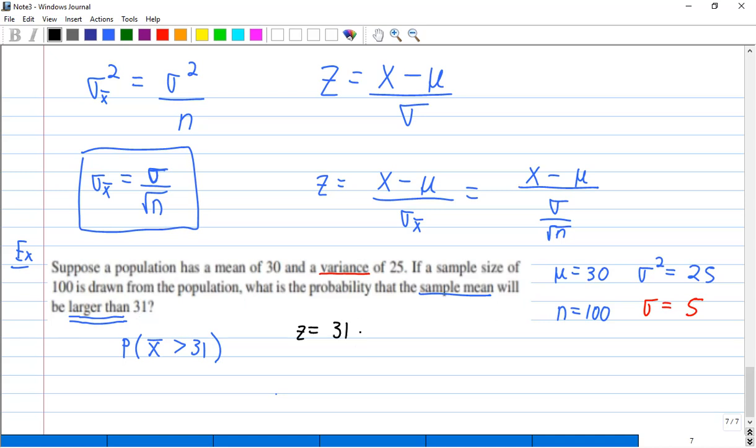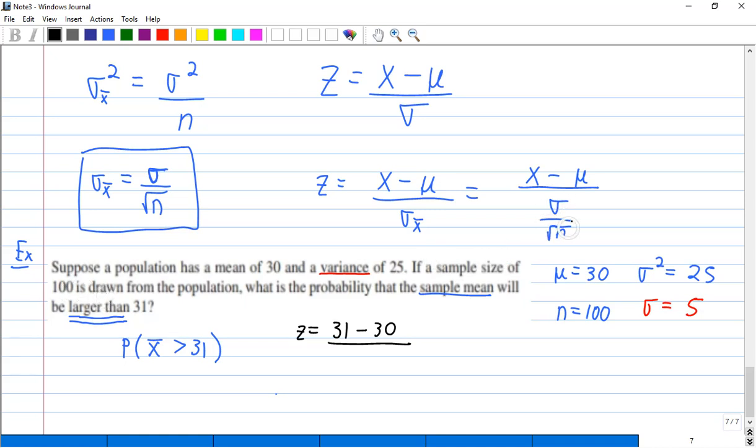So 31 minus the population mean, 30, divided by, and remember we have this new value when we start talking about samples. If a sample size of 100 is drawn.